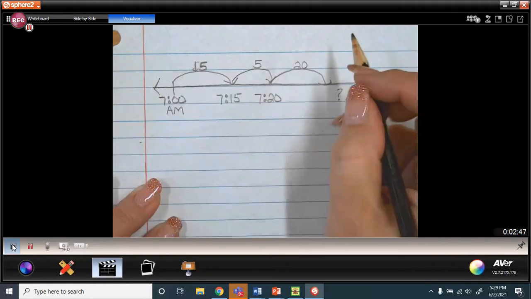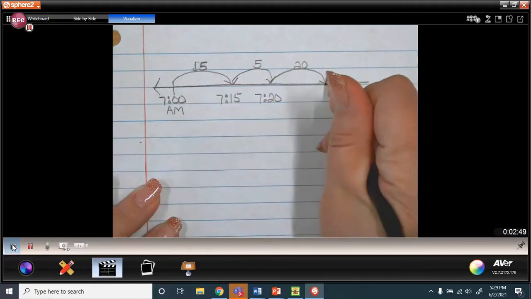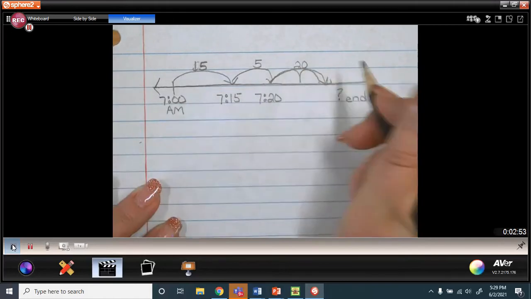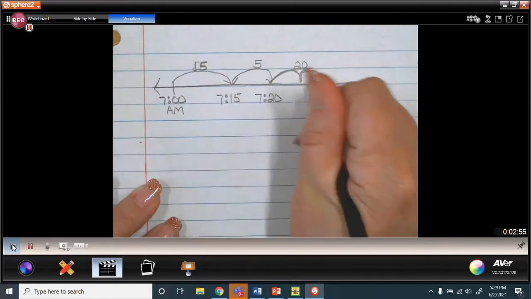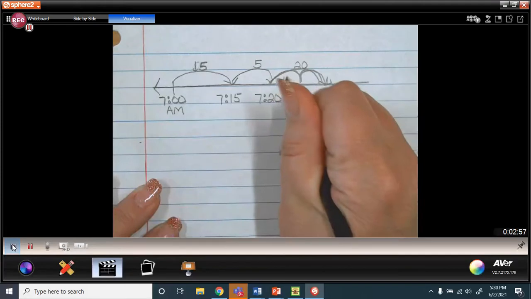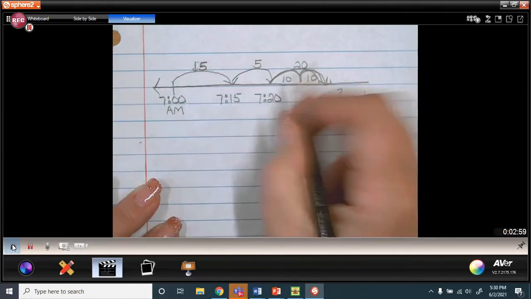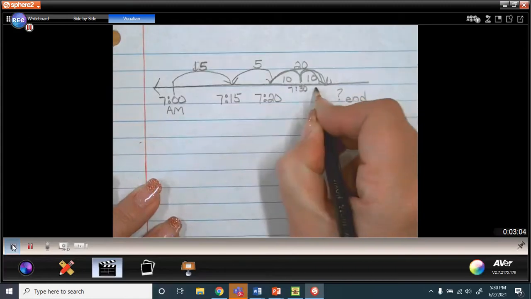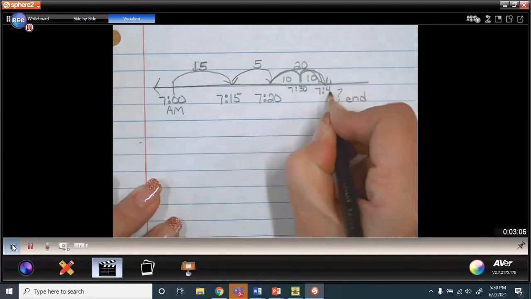And finally, we're going to add on 20 minutes for him to eat breakfast. Okay? So we could do that by adding 10 and then 10 more. So this could be 10 and this could be 10. And that would be 7:30. And then 10 more would be 7:40.